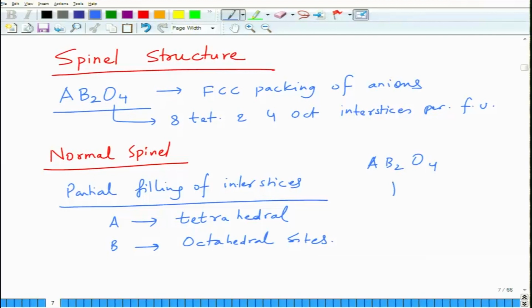AB2O4 can be written as if it's a mixture of AO dot B2O3. So there is a sublattice of AO, there is a sublattice of B2O3, they are mixed into each other to give you AB2O4. So it turns out that all the oxygen atoms will make FCC lattices, and A will go to tetrahedral sites and B will go to octahedral sites.